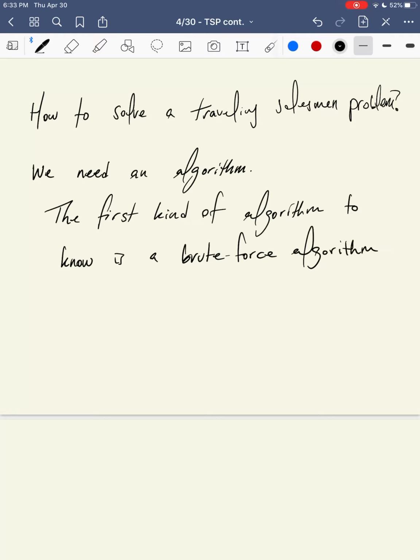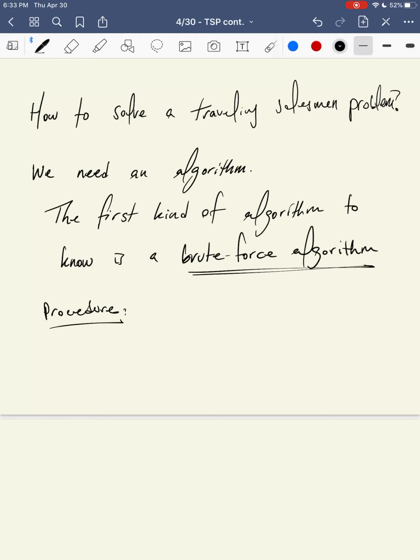These are the most basic, most simple algorithms that you can know, and they're kind of what they sound like. So the brute force algorithm procedure is just: try every path, really.